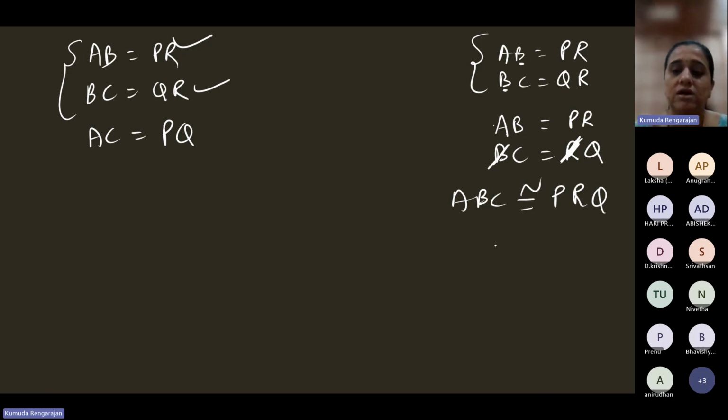That means if you have paper cutouts of these two triangles, you must place the triangles in such a way that the vertex A coincides with the vertex P. The vertex B coincides with R, not Q. If you place it in such a way that the vertex B coincides with Q, the top triangle will not cover the bottom triangle completely.